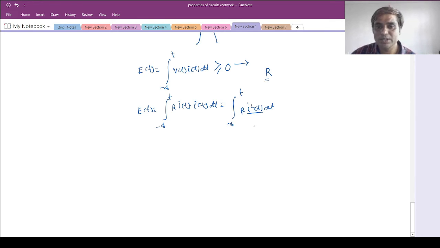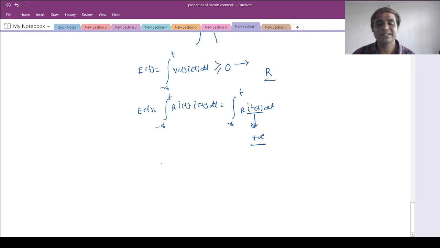And if you look at this, R has to be constant, and whatever i of t is, if you square it, you will always get a positive quantity. So this will be positive for any t. That's why a resistor comes under passive elements.